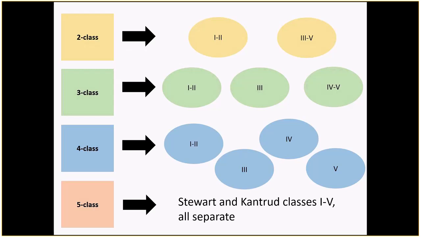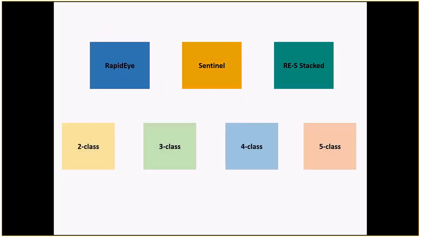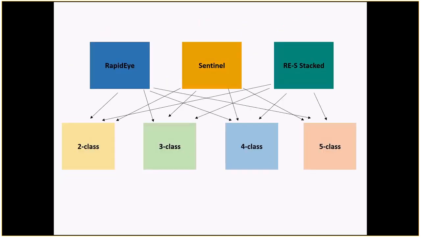And with the idea that depending on how you lumped or split these wetland classes, you could get better or worse model performance, we tried a variety of groupings. With 3 sets of imagery and 4 groupings, when you look at all the possible combinations, you're going to have 12 models. And we need a way to identify a best model or some better models.